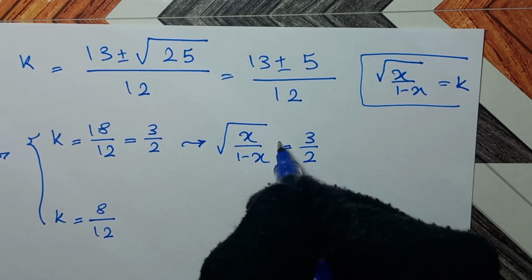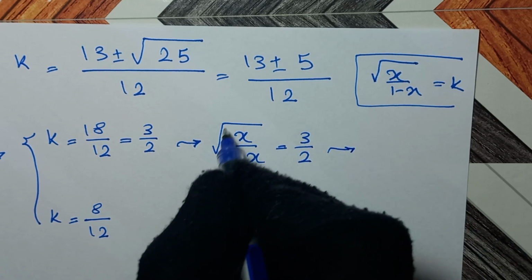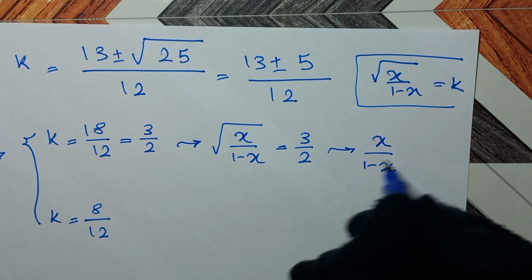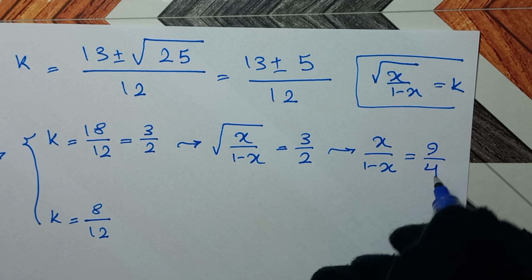And here we square both sides of this equation, so this square root will cancel, and it will be x over 1 minus x is equal to 3 over 2 to the power of 2, which is 9 over 4, right?